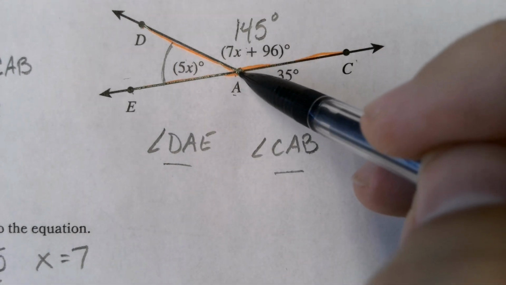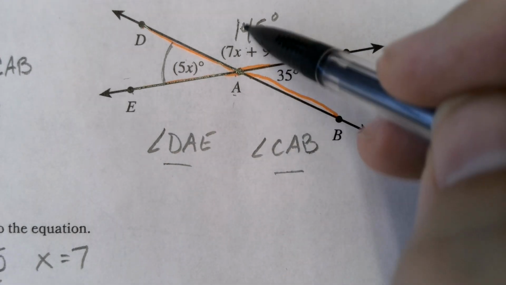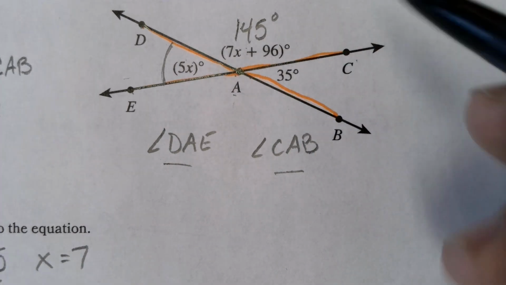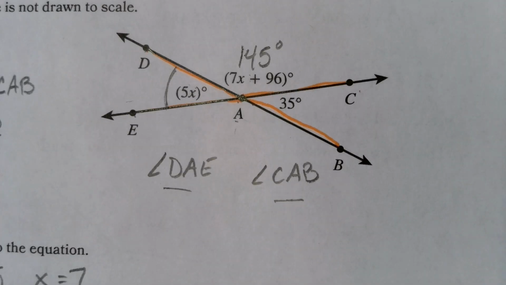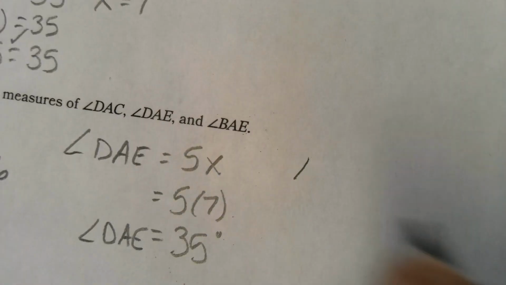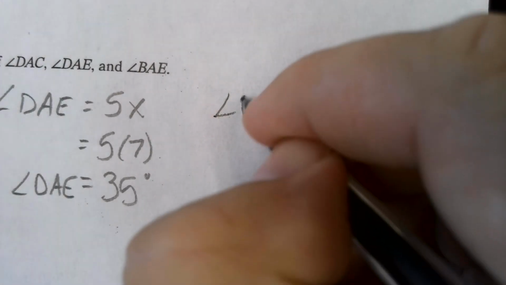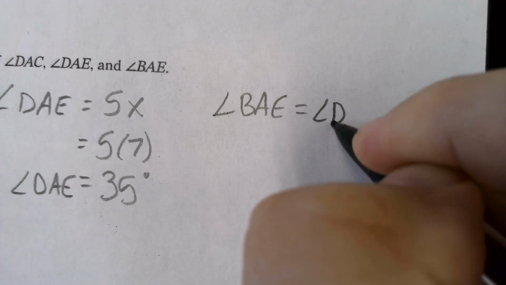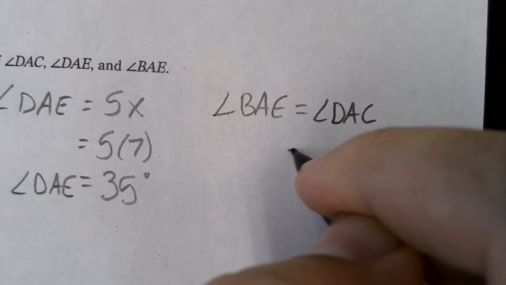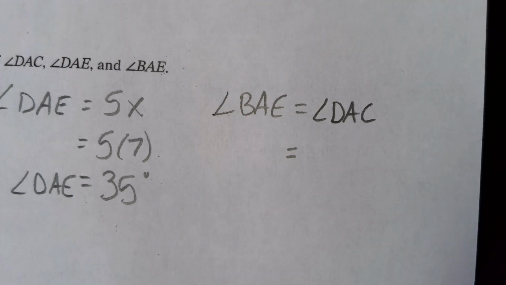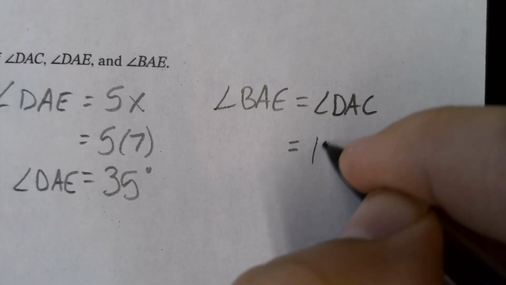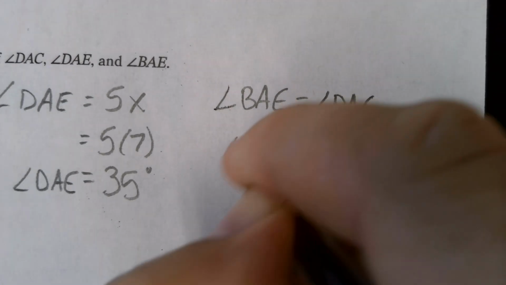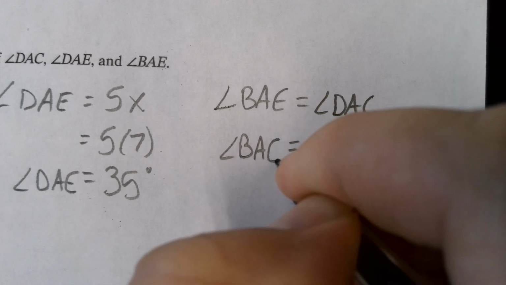They share that middle point, and again, they open away from each other. They don't share any sides. Angle BAE is equal to angle DAC because they are congruent vertical angles, and DAC is 145 degrees, so is angle BAE.